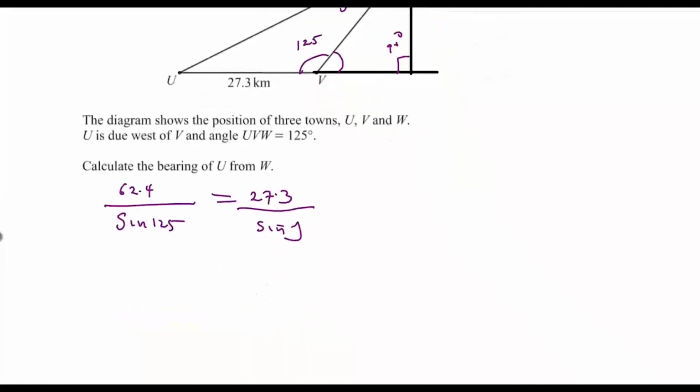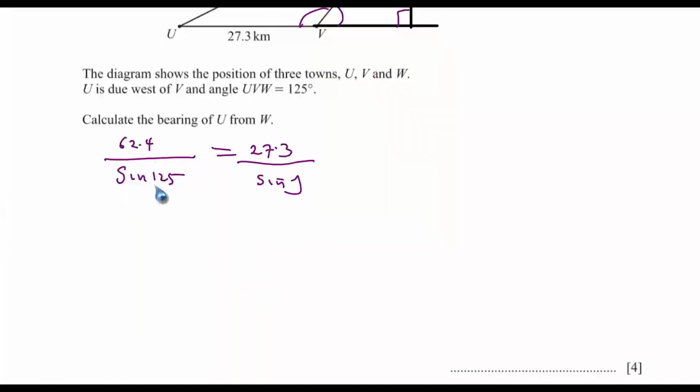So you can solve this. This implies 62.4 over sine 125 equals 27.3 over sine y.